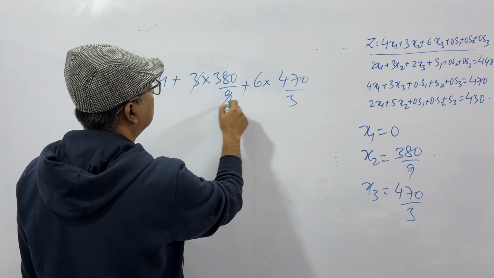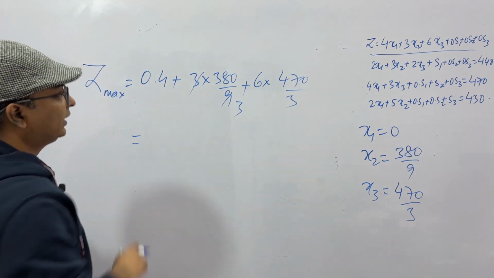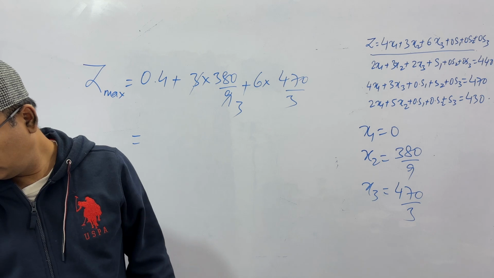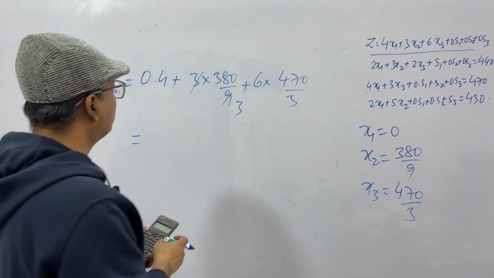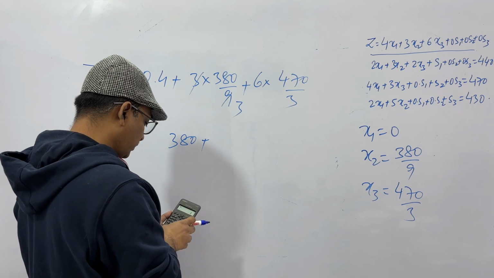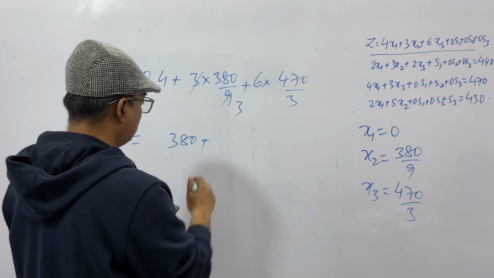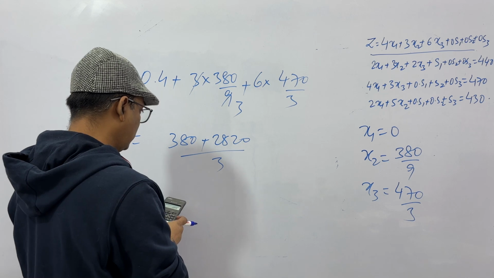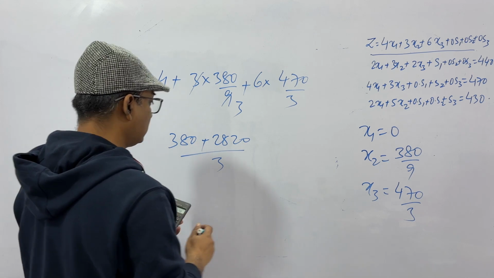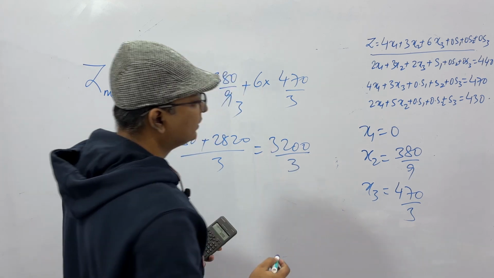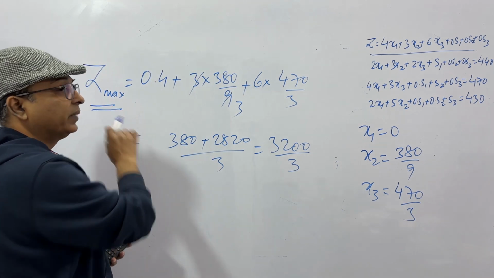So let's say this is by 3, so the value will be 380 plus 470 into 6, that is 2820, by 3. 2820 plus 380, that is 3200, so 3200 by 3. This is the value of maximum z.